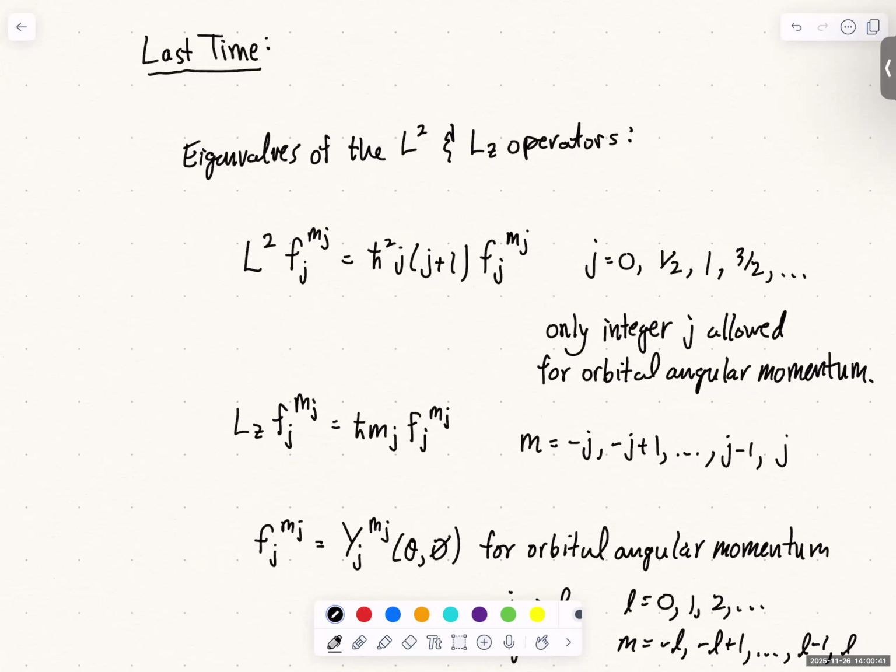Okay, so we just barely introduced spin last time, and we only looked at a classical picture of what we mean by spin. The idea was that if we take, for example, the Earth orbiting the sun, that has orbital angular momentum, but the Earth is also spinning about an axis that goes through approximately its poles.